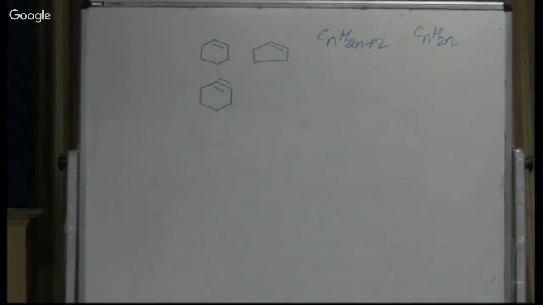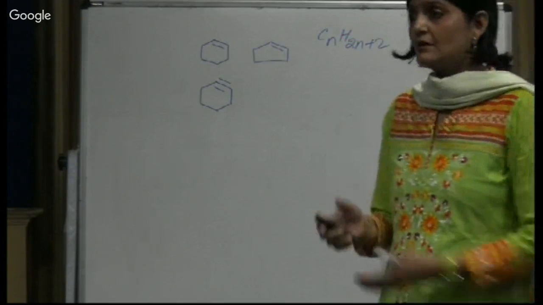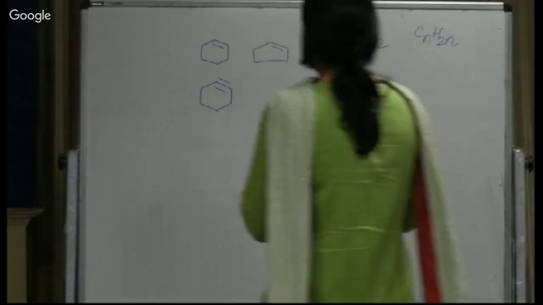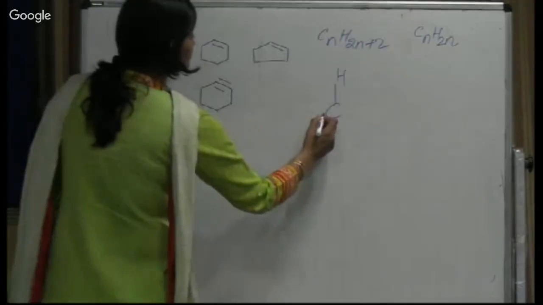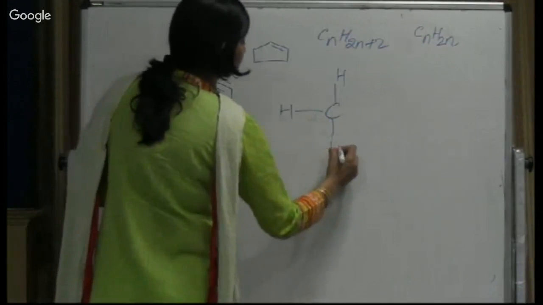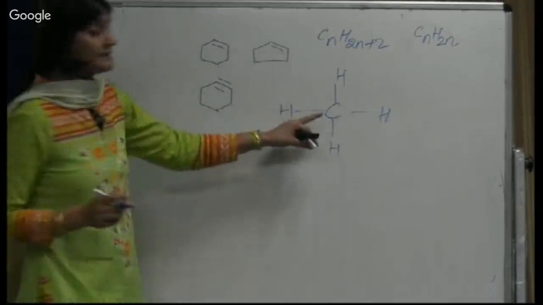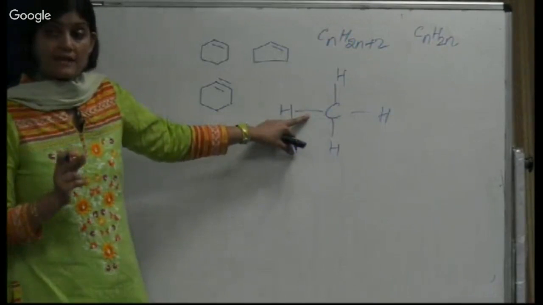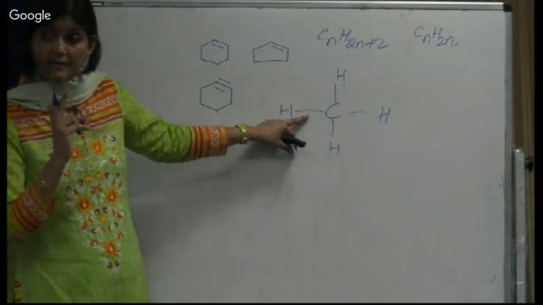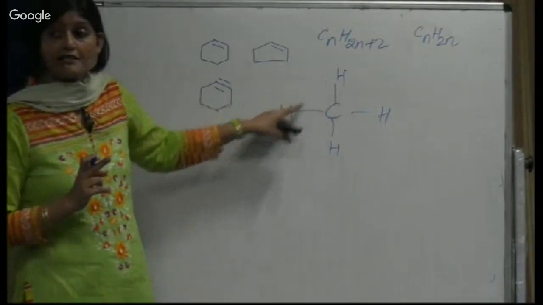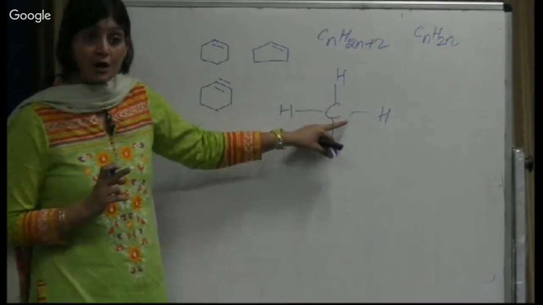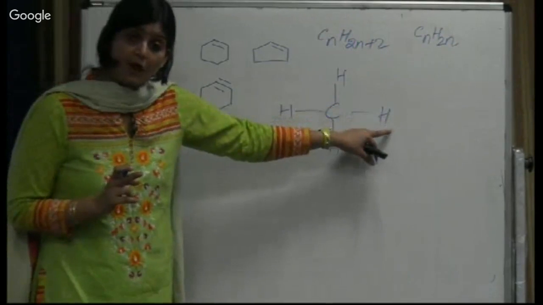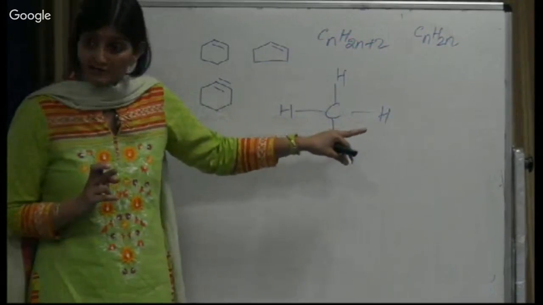If you look at the structure of alkane, the simplest member of the family is methane. The carbon at the center is sp3 hybridized with 4 sp3 hybridized orbitals which are occupying the 4 corners of the tetrahedron. Each of these sp3 hybridized orbitals overlaps with the 1s orbital of hydrogen to form 4 sigma bonds, right?